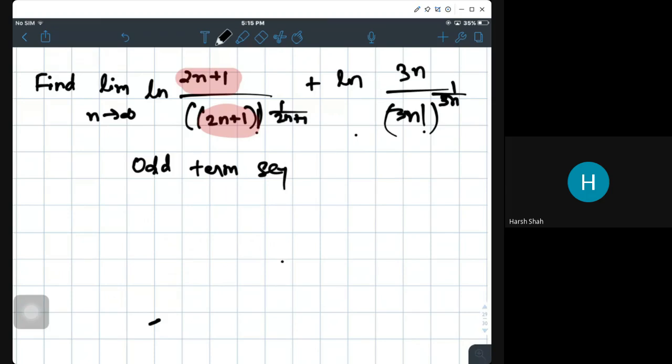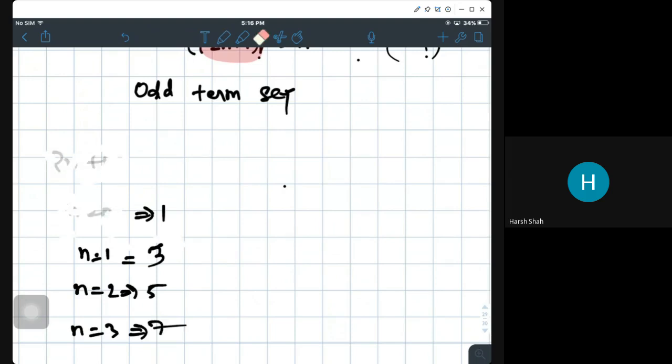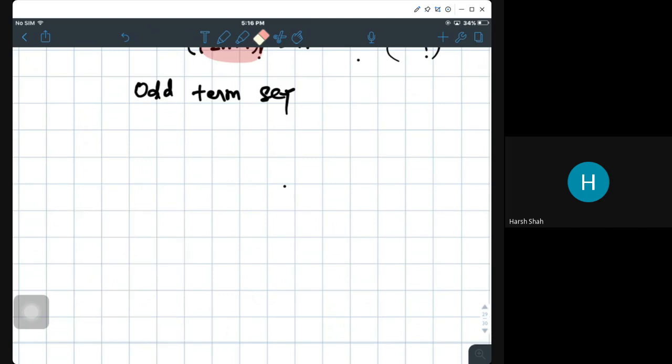What is this 2n plus 1? I can generalize it. If I put n equal to 0, I have 1. If I put n equal to 1, I have third. n equal to 2 gives me fifth. n equal to 3 gives me seventh. So I take alternate terms.